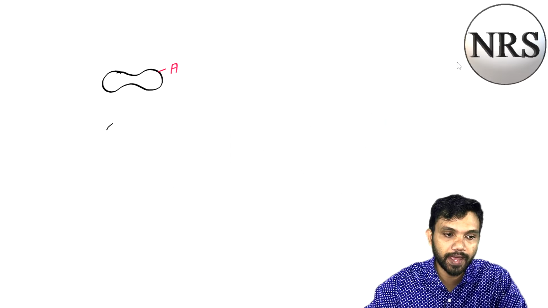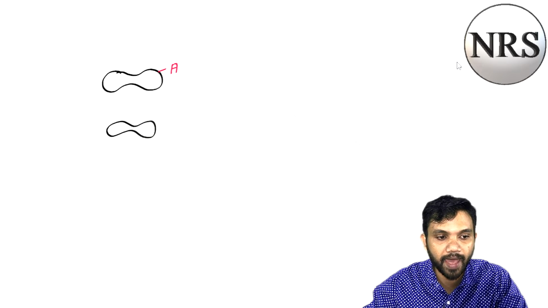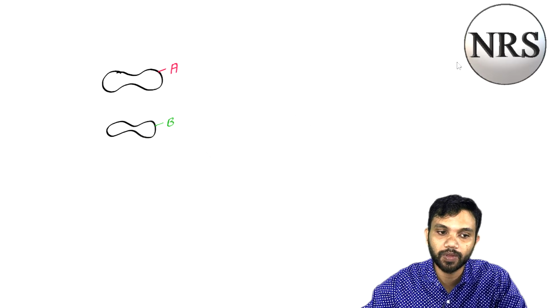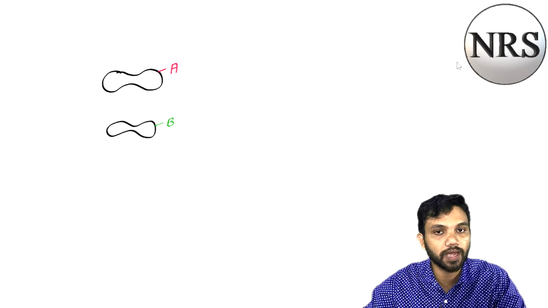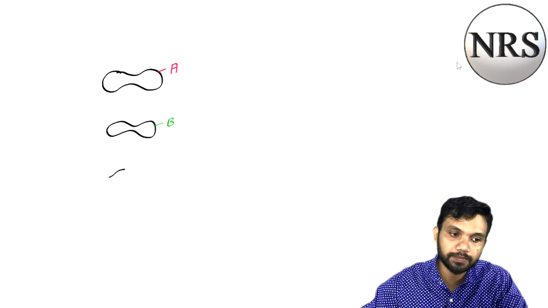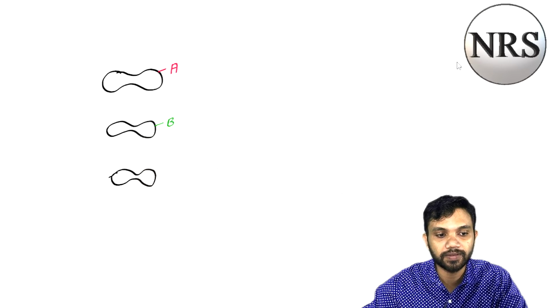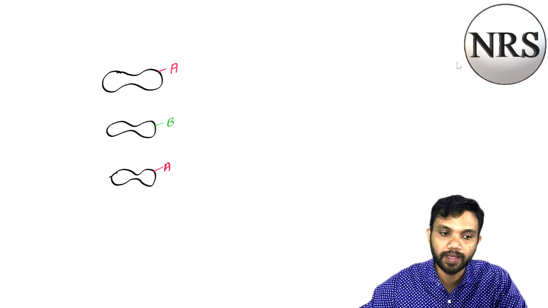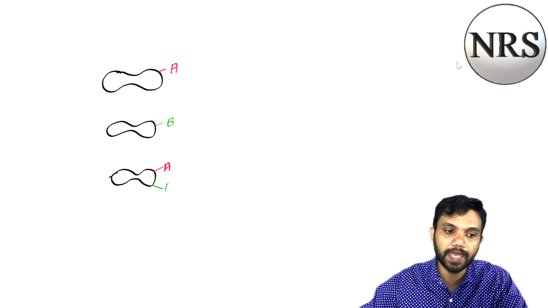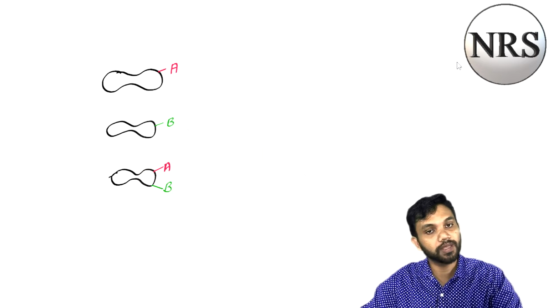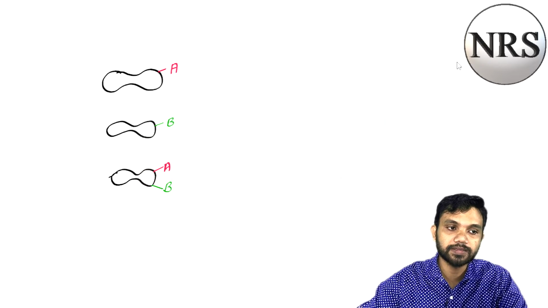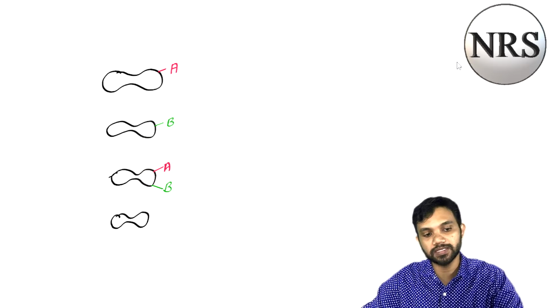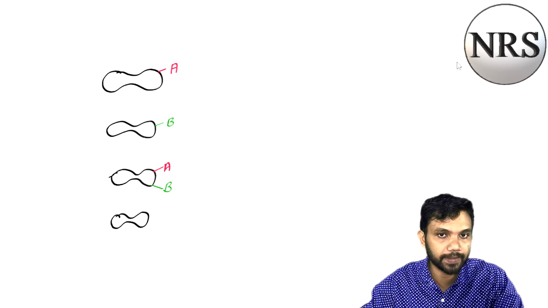Sometimes we may have B antigen, sometimes both A and B antigen, and sometimes we may not have any antigen on the surface of the cell.